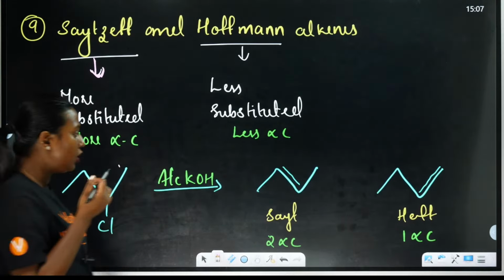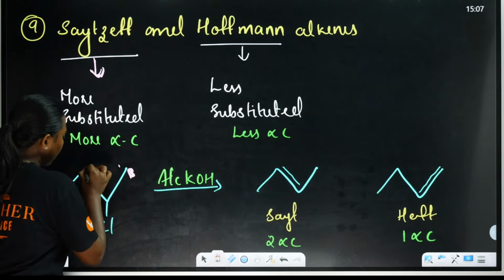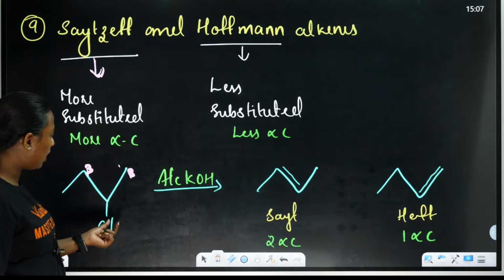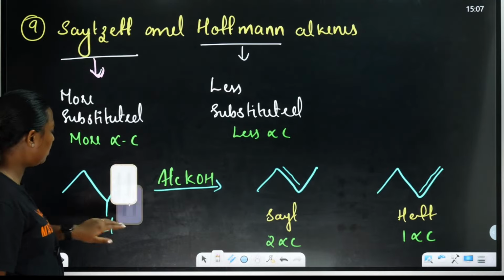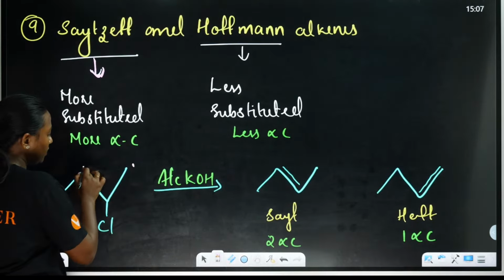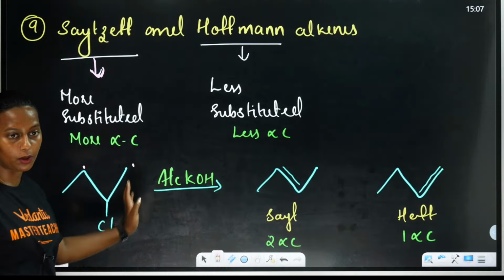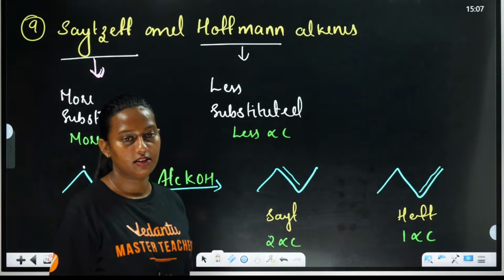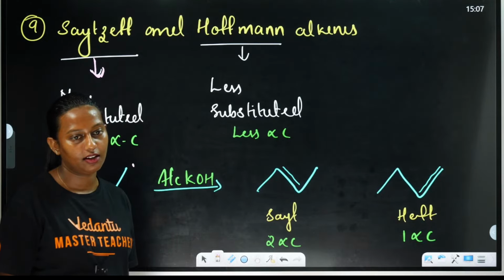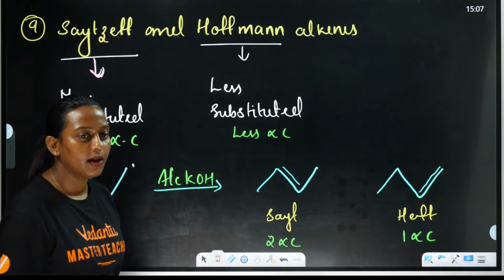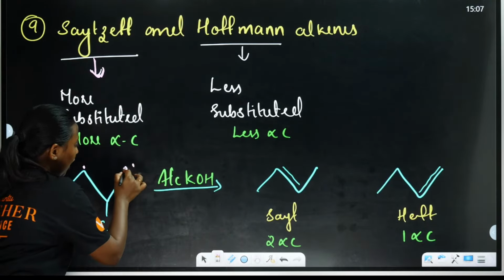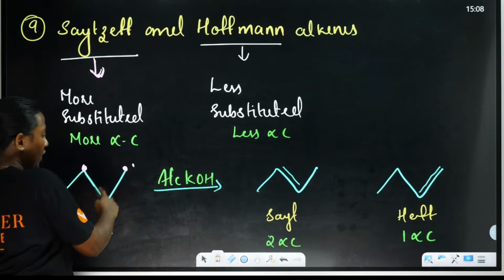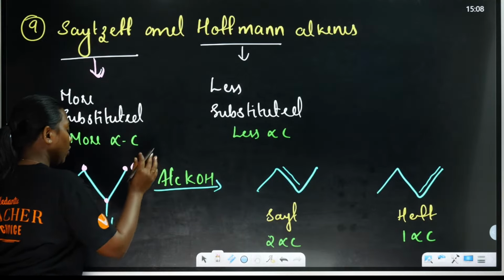More substituted carbon. Here we know that this is a beta carbon and this is a beta carbon. So there must be more alpha carbons. Here there are 2 alpha carbons. Considering the carbon where chlorine is attached, this is alpha and this is alpha. So here also there is one alpha, and here also there is an alpha. The carbon next to the one where chlorine is attached is alpha.